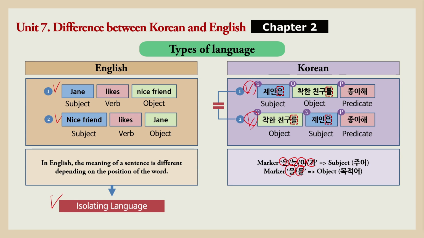We call this type of agglutinating language. Okay, how about this? It's amazing. You know the structure of Korean, right? I think it is important for you to understand the characteristics of Korean before you start in elementary level. That's good. Let's move on to the next one.